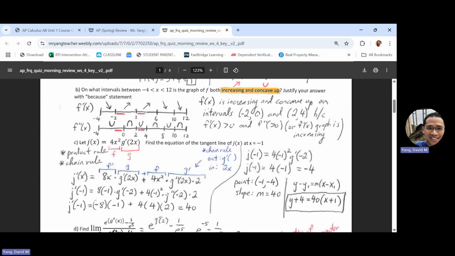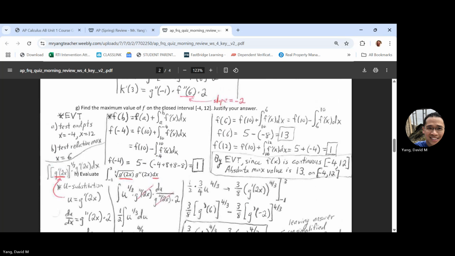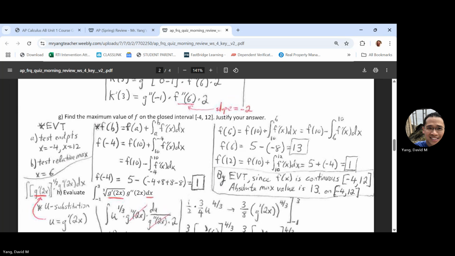So we're going to have to go through this formula multiple times here, right? Starting point is your anchor plus your displacement. So f of -4 is f of 10 plus however much progress I want to make from 10 to -4.